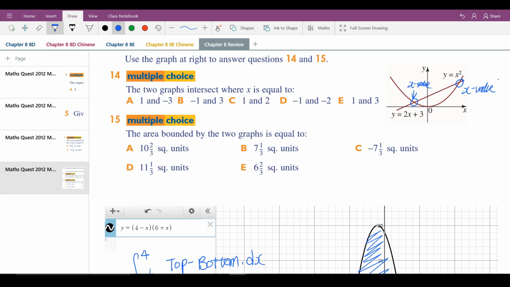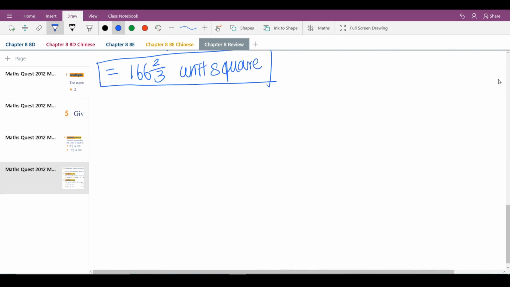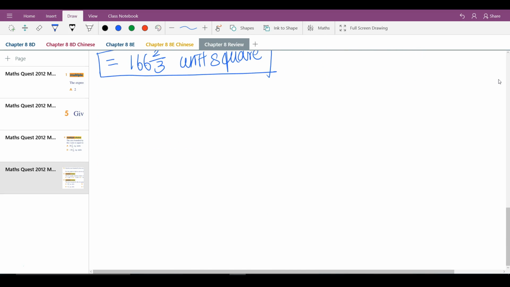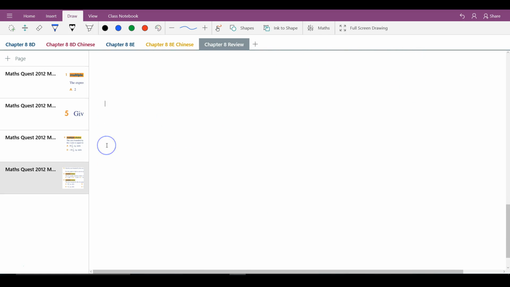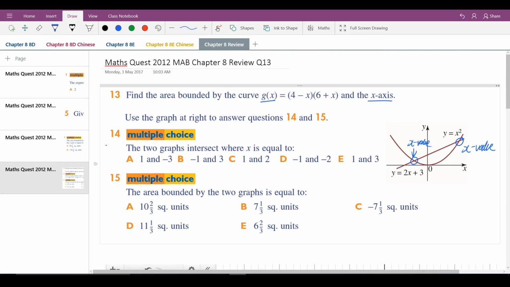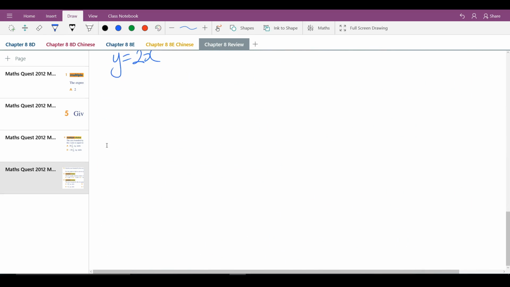When two graphs intersect, at the point of intersection they are equal. For question 14, the equation is y equals 2x plus 3, and the other equation is y equals x squared.